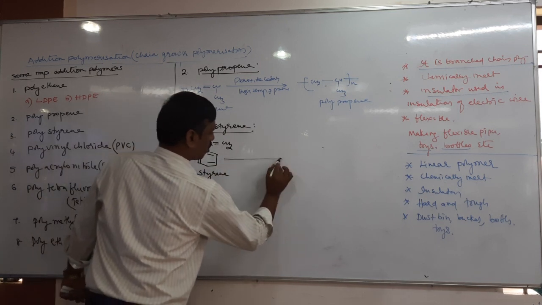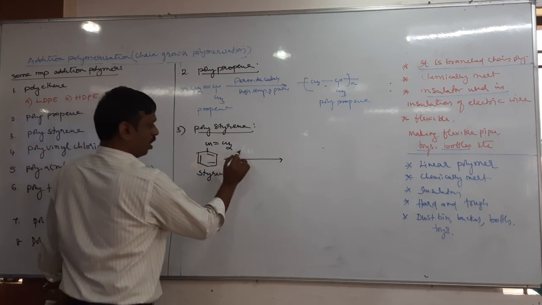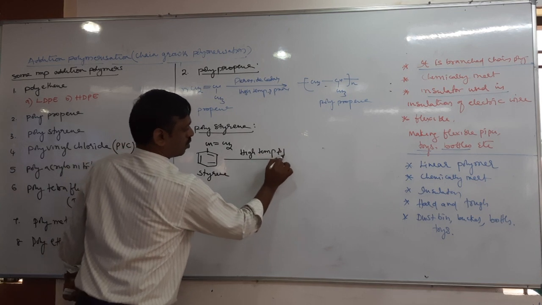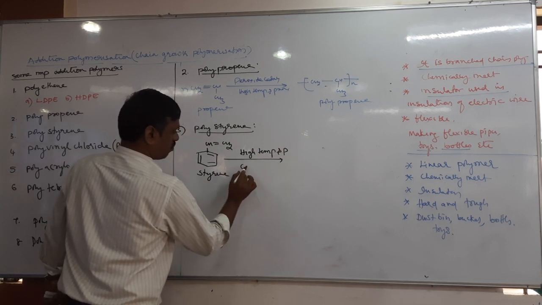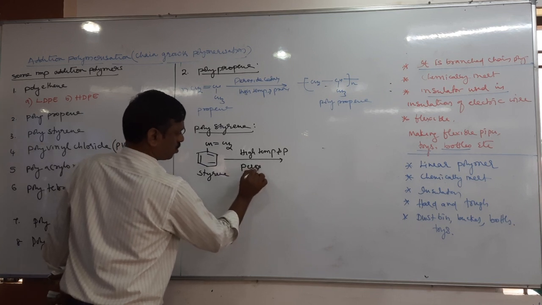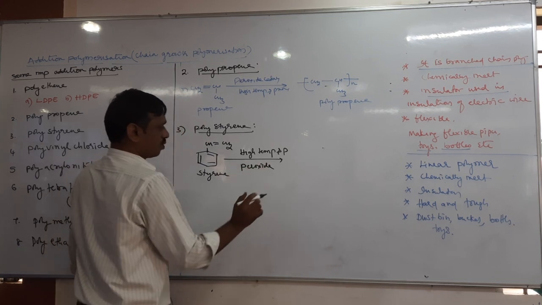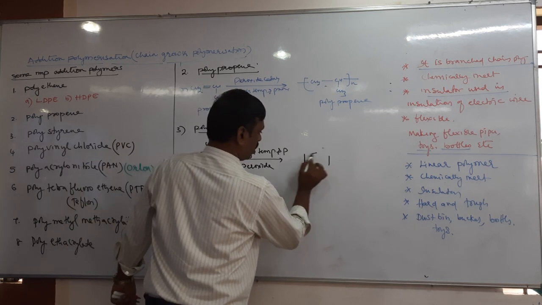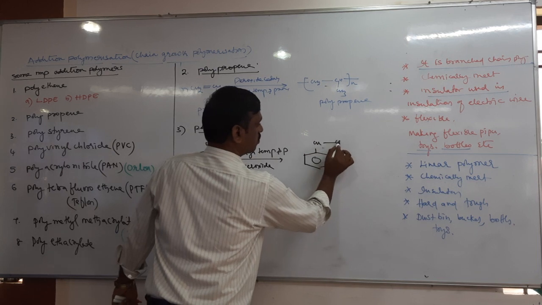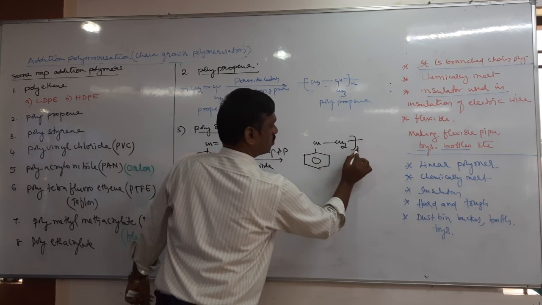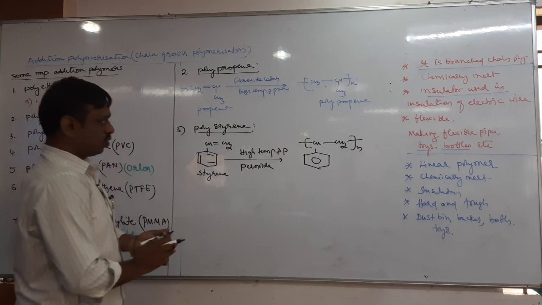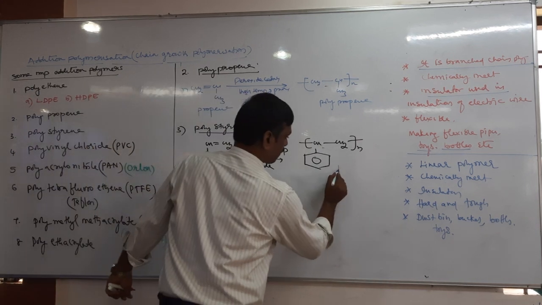So this styrene undergoes polymerization, high temperature, pressure, and in presence of peroxide catalyst, it gives polystyrene. Okay, so styrene gives polystyrene.